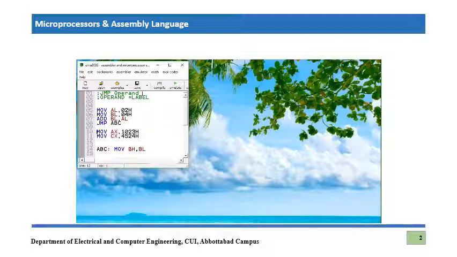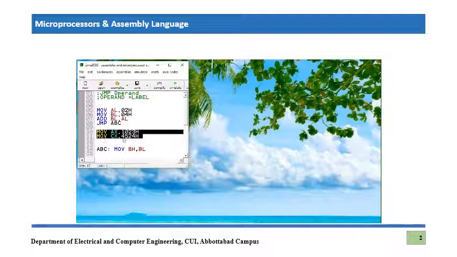So what will happen after this jump instruction, which is written at line number 08? The instruction is JMP ABC. After that come these two instructions, MOV AX comma 1023 and MOV CX comma 4524 hex, which are written on lines number 10 and 11 respectively.